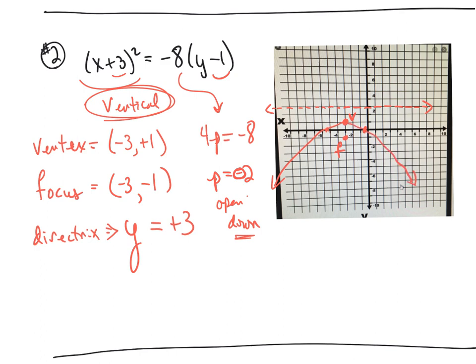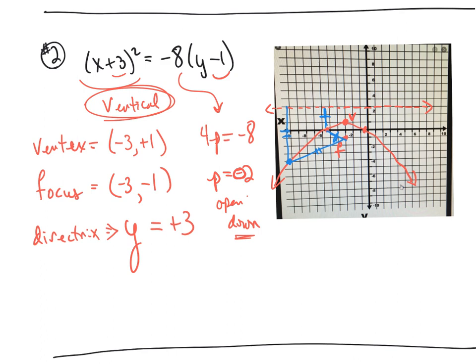So it looks something like that. The whole idea again is that the distances to the directrix and to the focus have to be the same. For any point, for this point way out here, this distance and that distance would have to be the same. All right? And once you've done a couple, you'll start to get the hang of that a little bit more. We've never done anything like that before, so it takes a little getting used to.